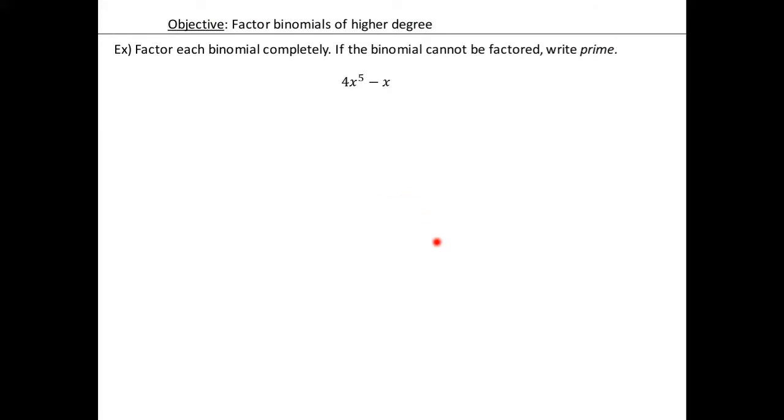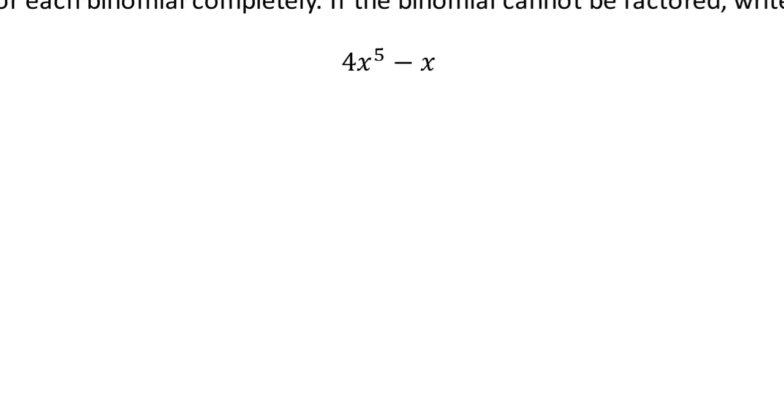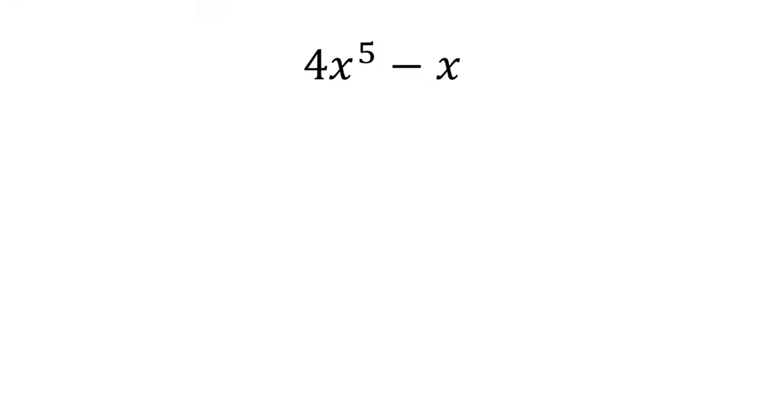All right, next example, we got 4x to the 5th minus x. Go ahead and copy this one. Okay, and ready, set, partner with the GCF?